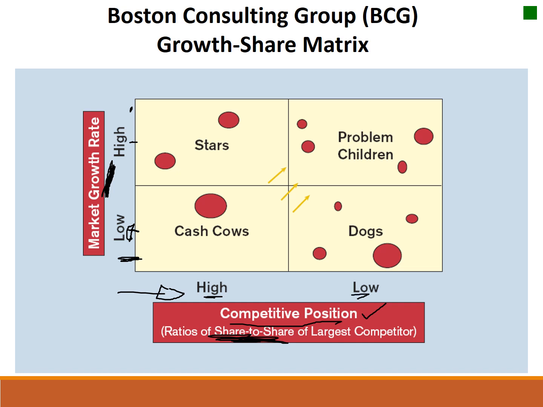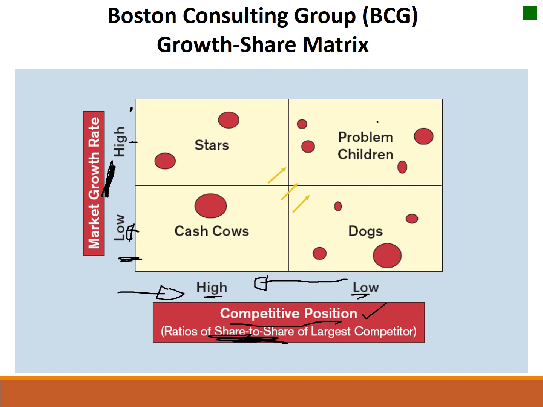If we have a low market share, then we're probably not very competitive. Now we could do some activities to try to move ourselves in this direction, which would be good. That's something that we would want to be able to do to get up to a high market position.